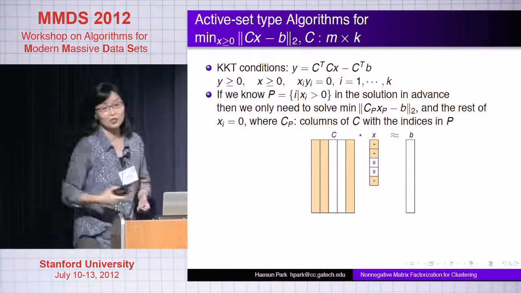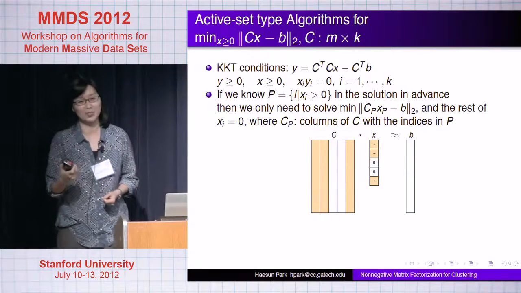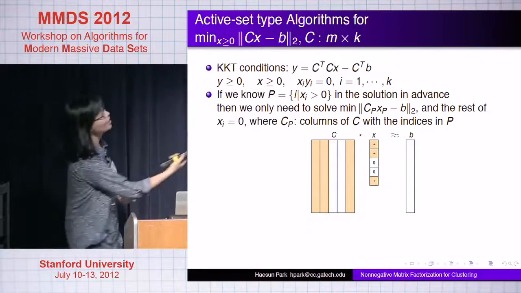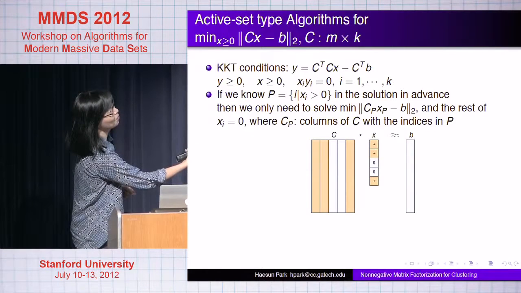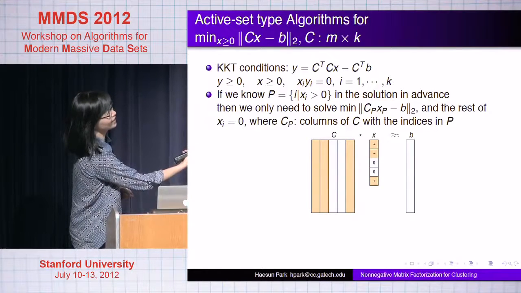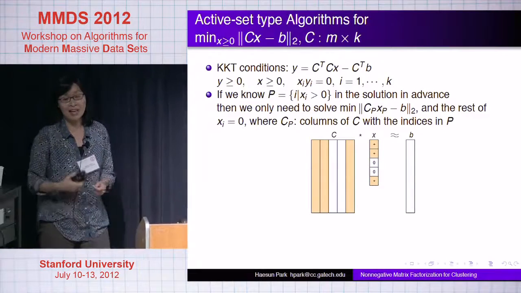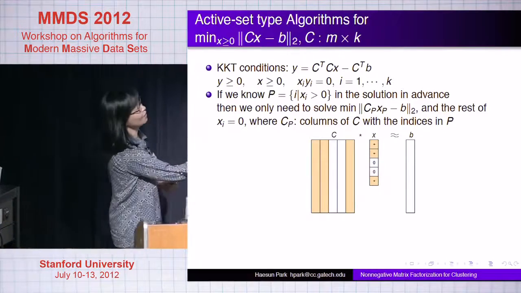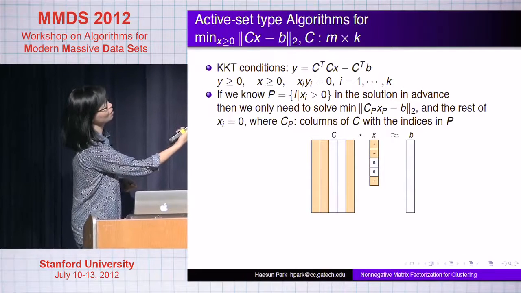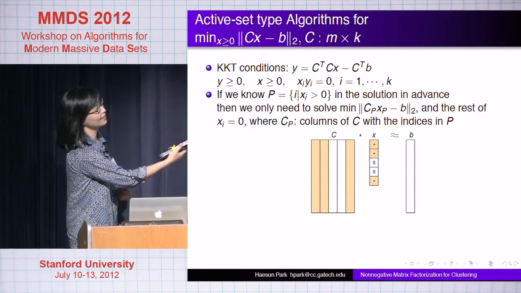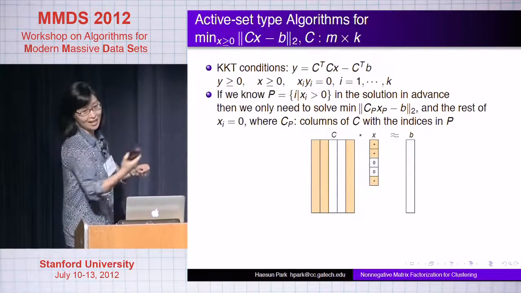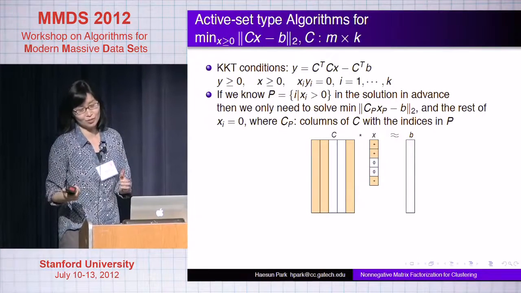Okay, suppose you know the solution. You don't know the solution, that's what you are looking for. But suppose you know the solution, and it turned out that these three components are strictly positive, and these two components are zero. Then that solution will be the same as: from the matrix, I just extract columns 1 to 5 and solve the unconstrained problem, find these 1 to 5 components, and those solutions will be strictly positive.